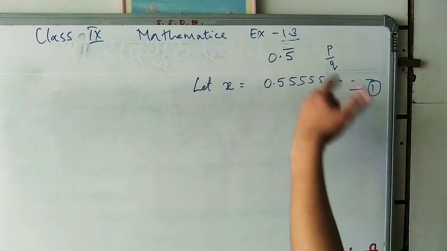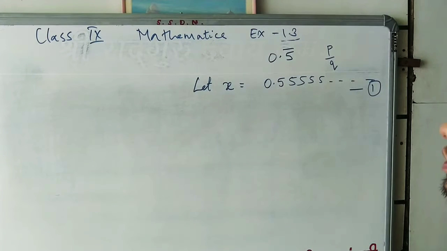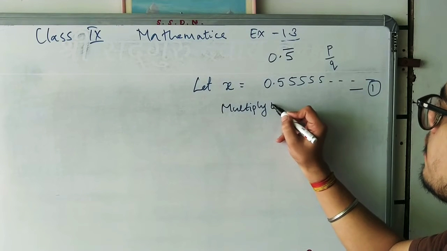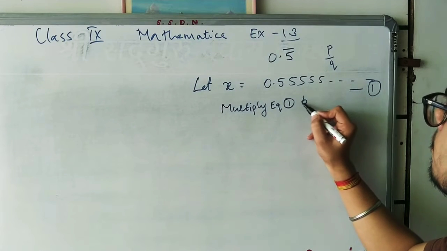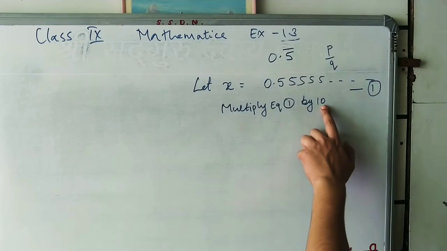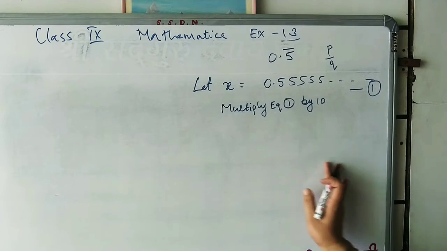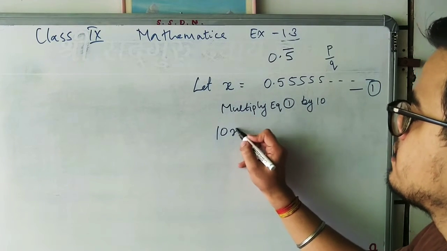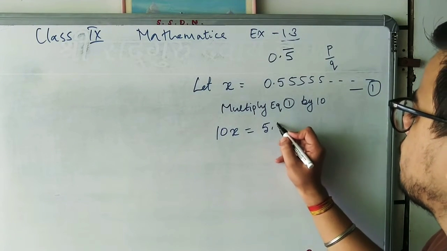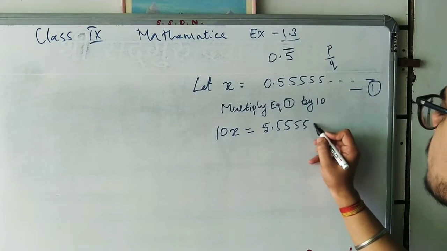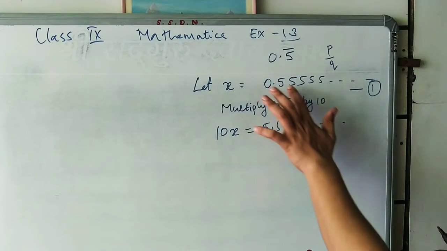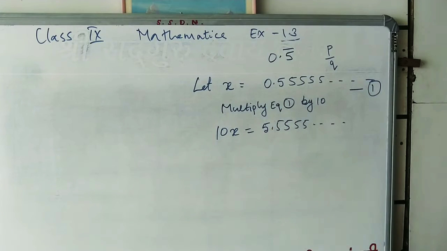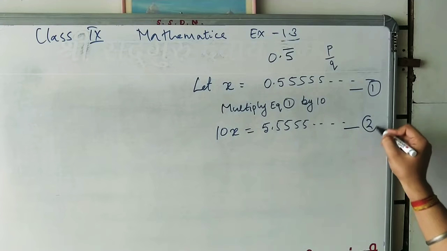If one digit has a bar, we multiply equation 1 by 10. One digit means one 0 after 1. So 10x equals 5.5555 and so on. Give this as equation number 2.